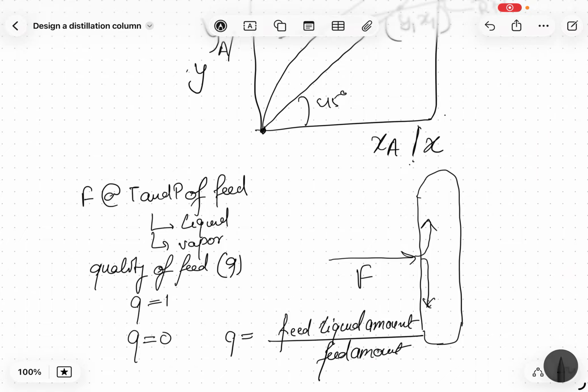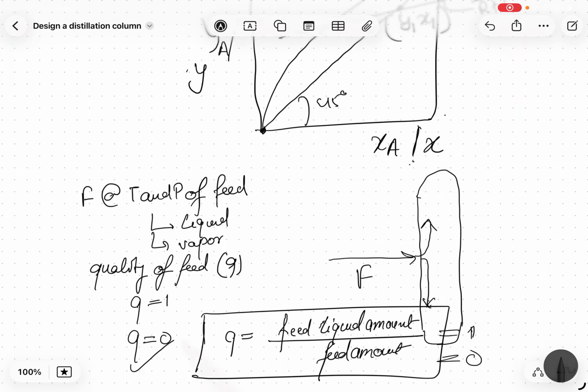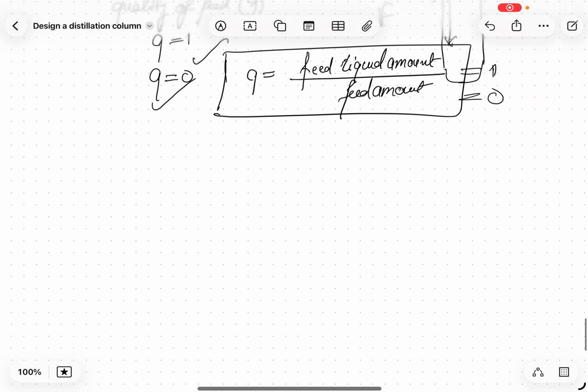Now you can imagine the feed will always be like this. If I had only liquid it will become 1, if I only had vapor it will become 0. These two values you can determine. So this is how we define the feed quality in distillation operations.